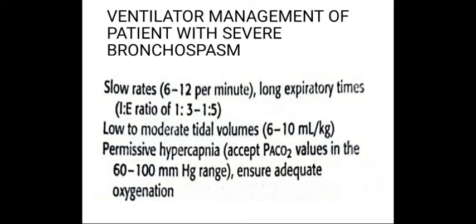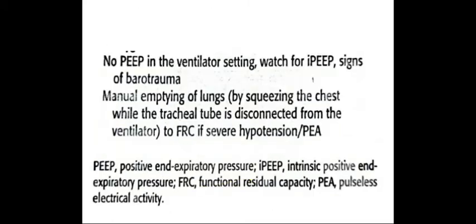Second, low to moderate tidal volumes, that is 6 to 10 ml per kg. Third, permissive hypercapnia, that means accept PaCO2 values in the 60 to 100 mmHg range in presence of adequate oxygenation. Next, no PEEP. In ventilatory settings, watch for intrinsic PEEP and signs of barotrauma.